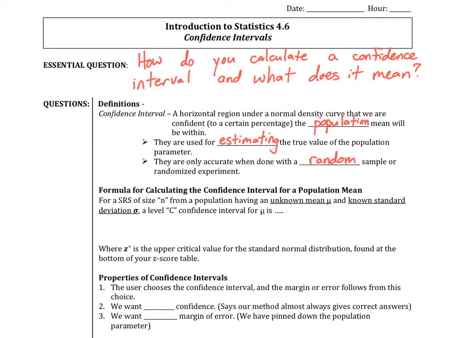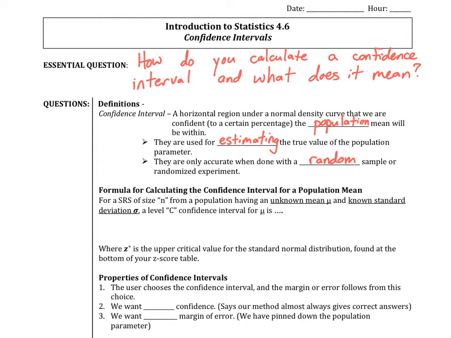For example, if we find the average height of people at Logan, and then the average height of people at Logan Middle, and if we find more information like that, can we estimate the average height of all people in the entire world, which would be the entire population? Confidence intervals are used for estimating the true value of the population parameter, and they are only accurate when done with a random sample or randomized experiment.